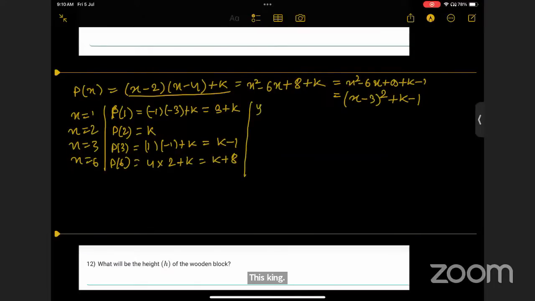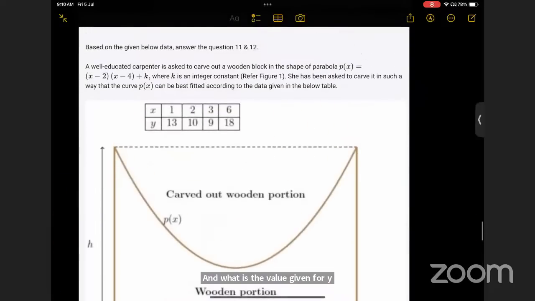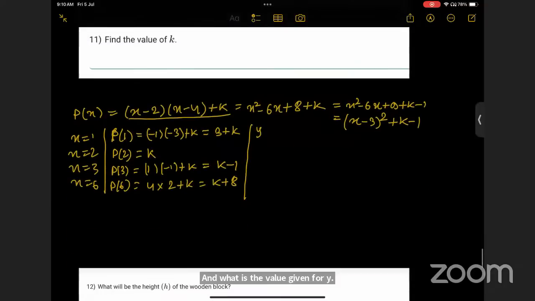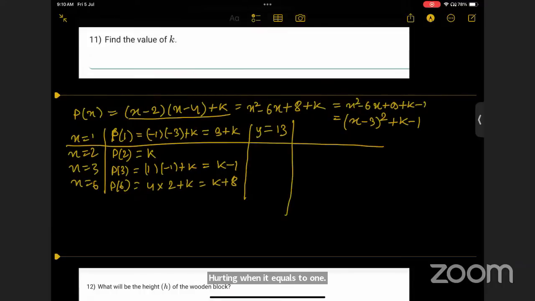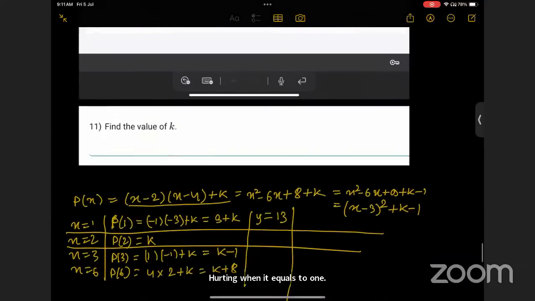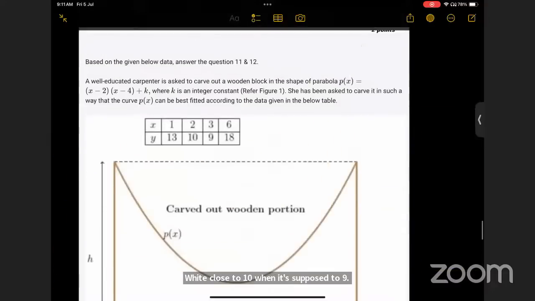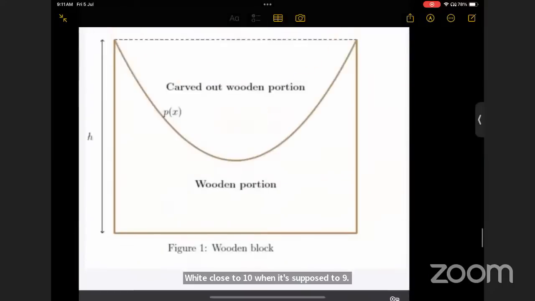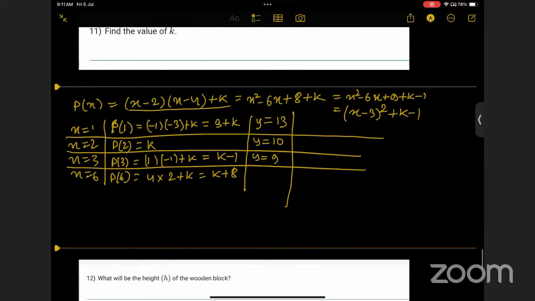And what is the value given for y here? y equals 13 when x equals 1. y equals 10 when x equals 2. y equals 9 when x equals 3.